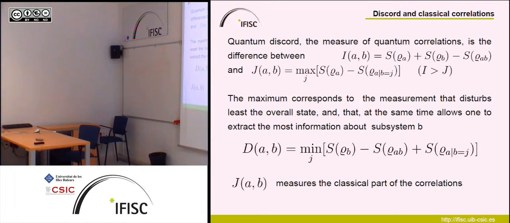And you could repeat the same procedure for the classical correlations and also for the Discord. Actually, the Discord is more complicated because the result would be the sum of two relative entropies. Not exactly, you cannot find just one state, but there is a way of defining it through distances.